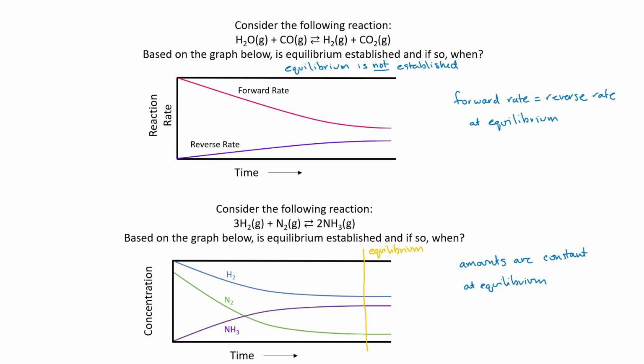So you may see a modified version of this question, where instead of you having to identify where equilibrium is, you might be given several lines here and asked at which line is equilibrium established. So you might have these lines A, B, C, and D. They really want you to make the mistake and choose line B, because again, we have this cross.